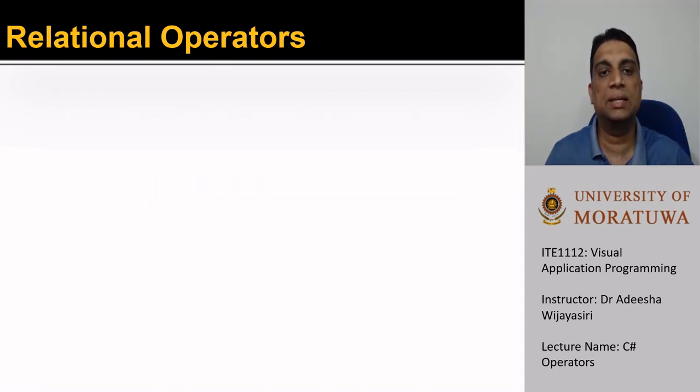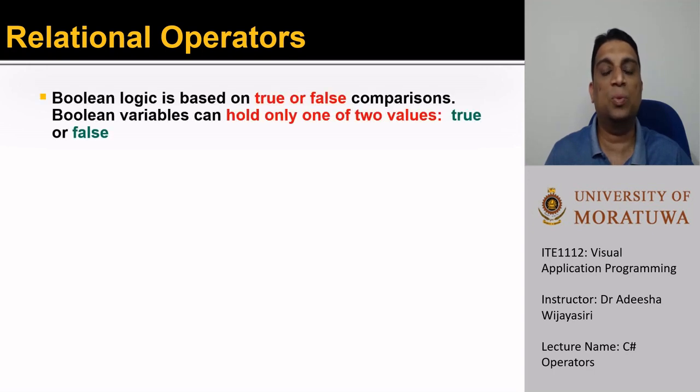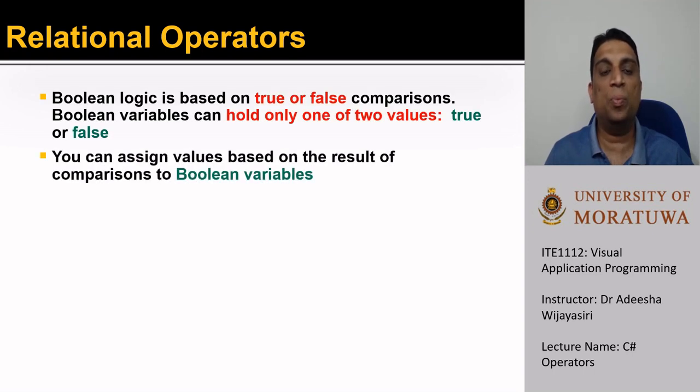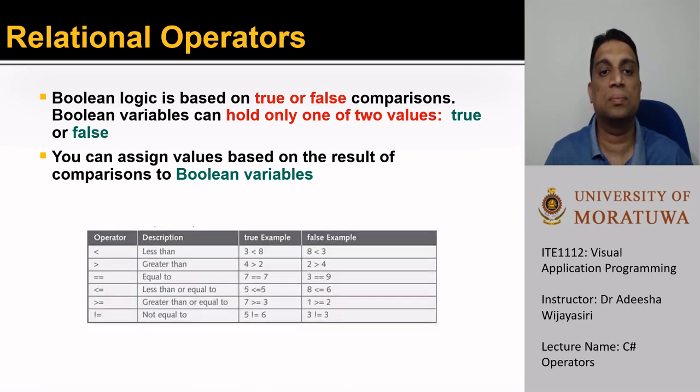Next category is relational operators. Relational operators compare two operands and return a Boolean value of true or false. Examples of how relational operators can be used is shown in this table. Less than operator compares two operands and returns true if the left hand side operand is less than the right hand side operand, or false if not.